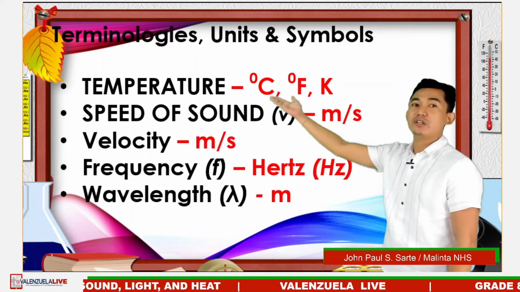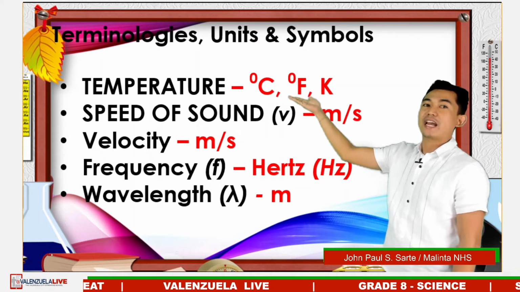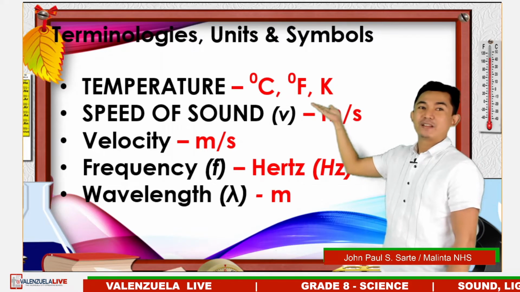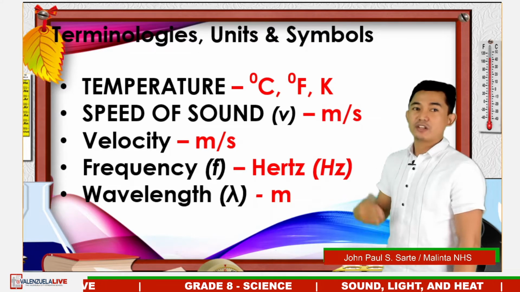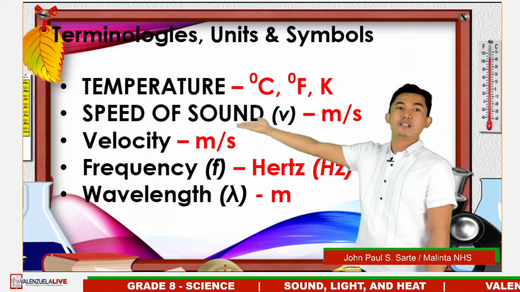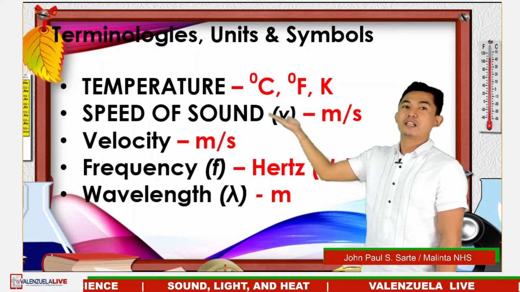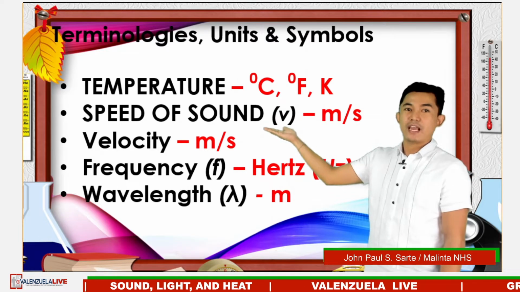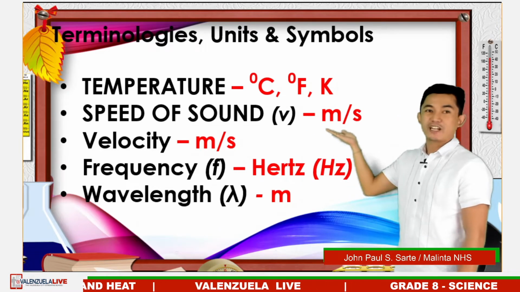Temperature has its units and symbols, which is degree Celsius, degree Fahrenheit, and then Kelvin. How about the second terminology? The second terminology is the speed of sound, which symbolizes as small letter v. And its unit would be meter per second.